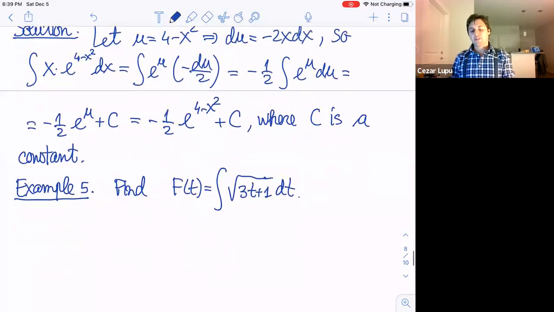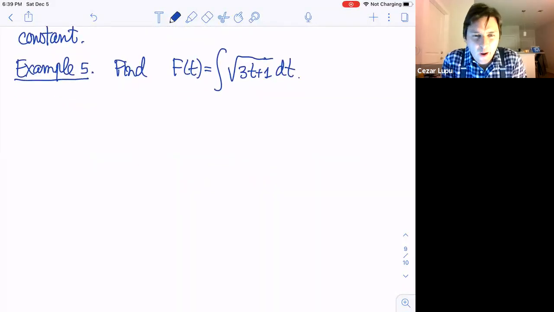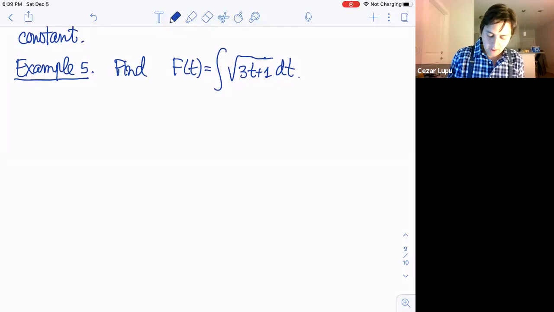As you can see in this case, we have the integral of a square root. Inside the square root we have a linear function. So maybe it's not convenient for us to do some tricky things with the square root, not yet, but let me just give you the idea.